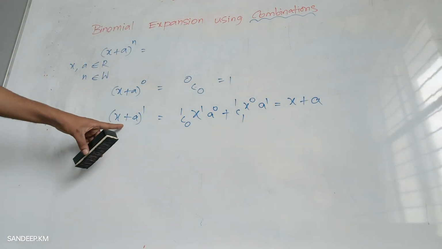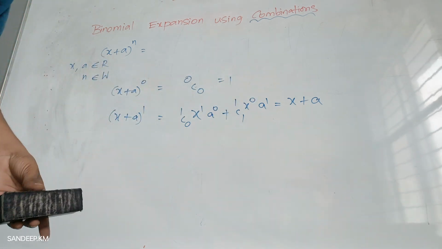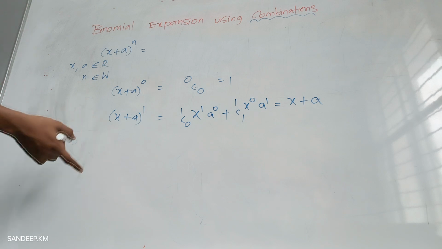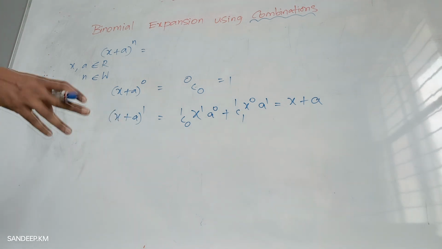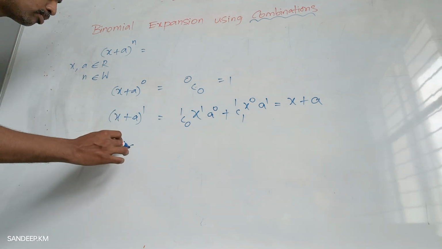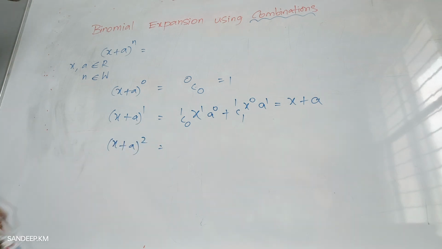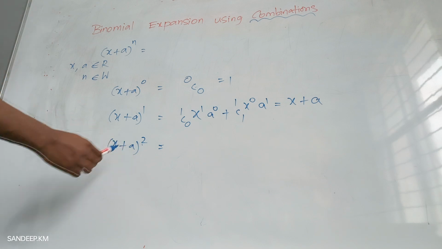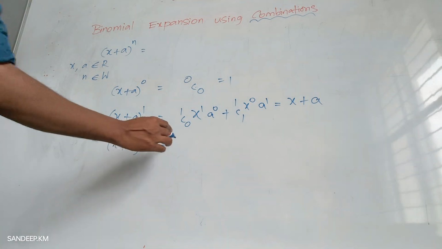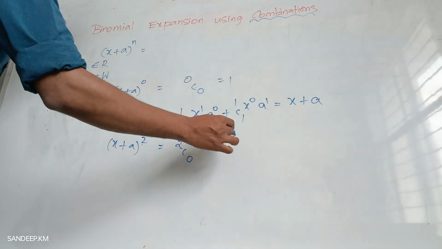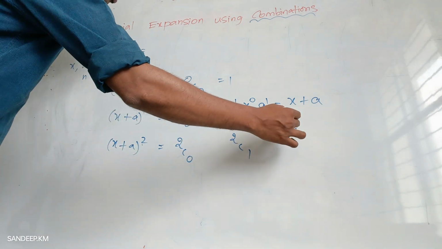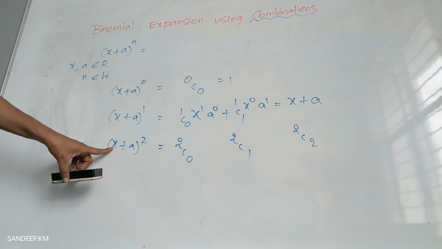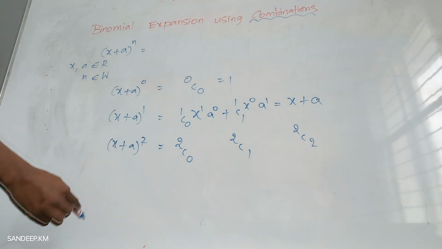So (x plus a) whole power 1, of course it is x plus a only, but written using binomial coefficients. Here you might think it's of no use, but in upcoming expansions, listen carefully. How to write (x plus a) whole square? First let me write the coefficients. It depends on the index. The index is 2, so the coefficients are 2C0, 2C1, 2C2, and we will start with the highest power of x, which is x square.